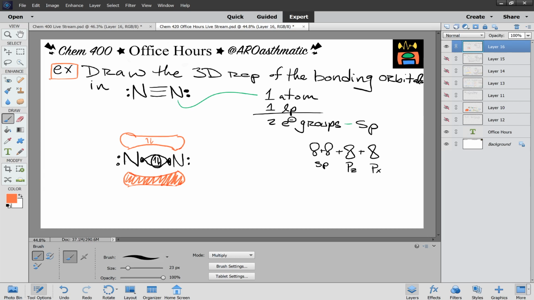So there will only ever be 1 sigma bond. So here, we've got our 1 sigma bond right here. This guy's our sigma. And then we have also formed our first pi bond, both above and below that sigma bond.